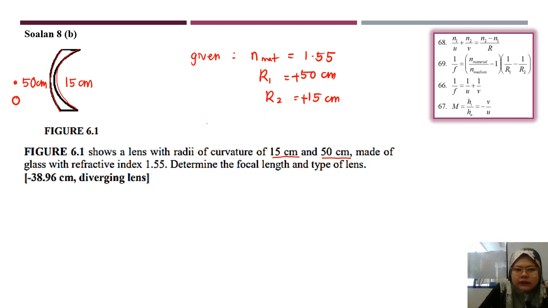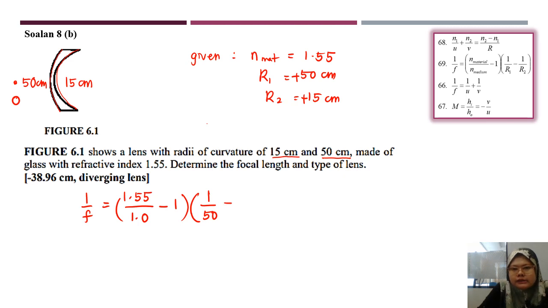Alright, so we substitute into the equation 69. So 1 over F is equals to N material which is equal to 1.55, divided with the N medium is 1.0, minus dengan 1, darab dengan 1 over R1. 1 over R1 is 1 over 50, minus with 1 over positive 15 also.